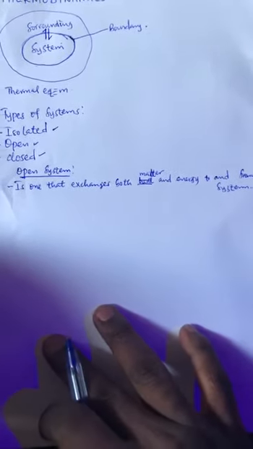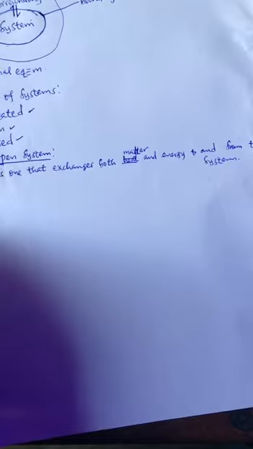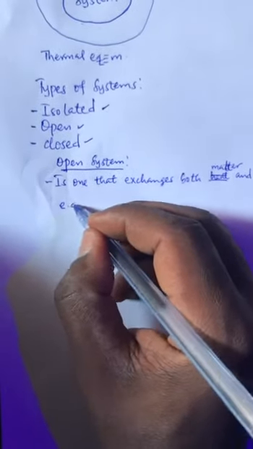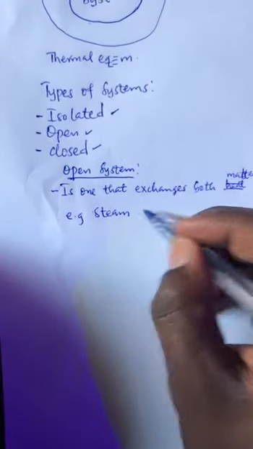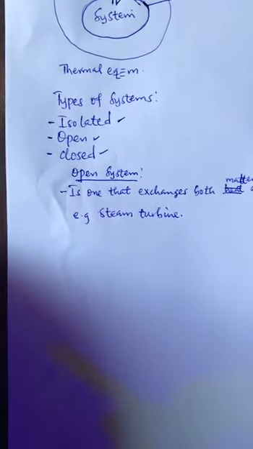So an open system exchanges both. We can have examples of an open system. For example, we can have a steam turbine. A steam turbine exchanges both matter and energy.